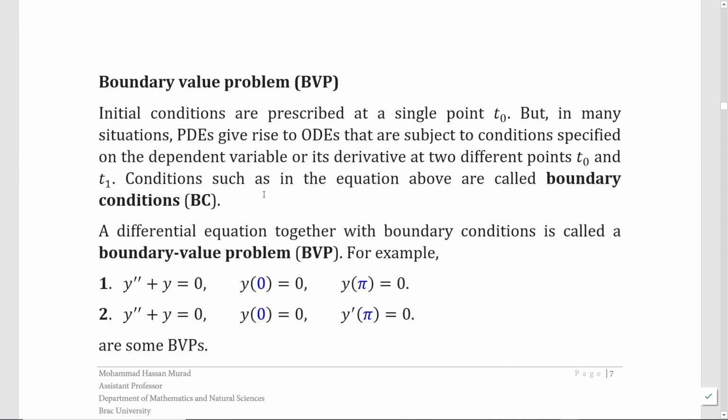Boundary value problem. As we saw earlier, the initial conditions are prescribed at a single point, t sub 0. But in many situations, partial differential equations give rise to ordinary differential equations that are subject to conditions specified on the dependent variable or its derivative at two different points, t sub 0 and t sub 1.